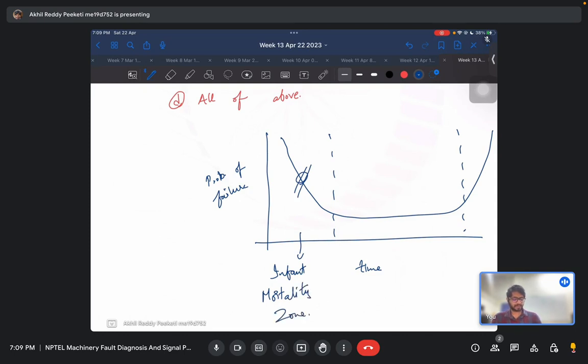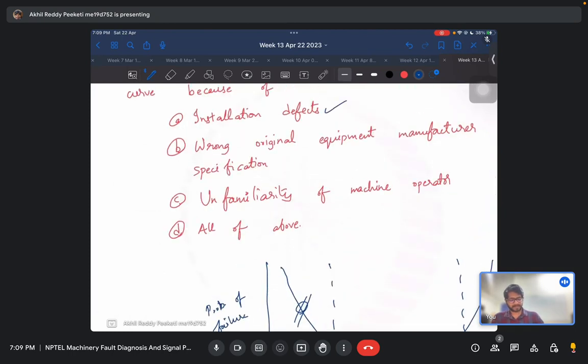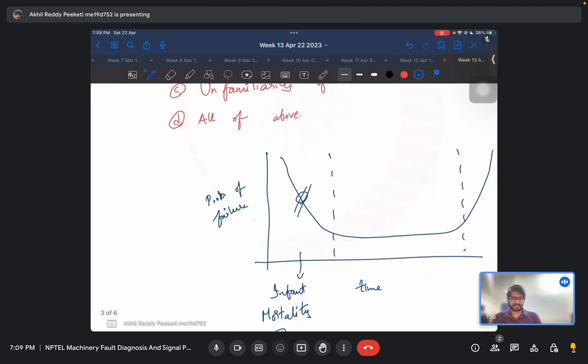So here the failure rate will probably be higher because if it is not installed properly or the specifications are wrong. When you are installing, you need to take care of whether the correct current supply is given, the correct airflow is there in the room, all these things. And if the machine operator is unfamiliar with it, all of this usually happens in the initial usage of the equipment, so they fall under the infant mortality zone.